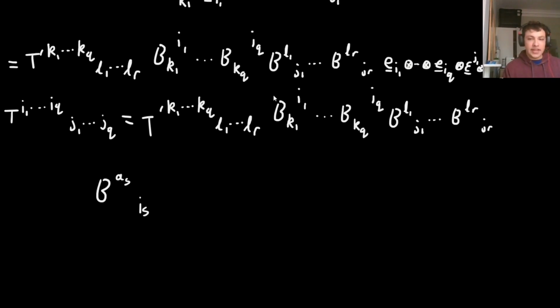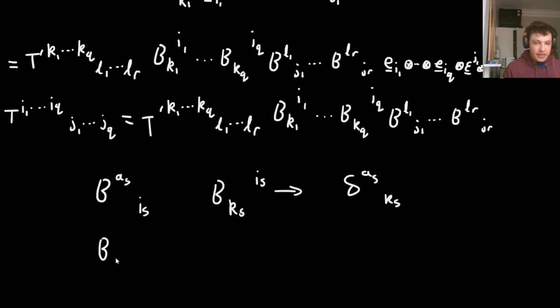On this side it's going to hit the relevant B here, and so it's going to combine with B_{KS}^{IS} to give delta AS KS, and so it's going to swap the KS up here with an AS.